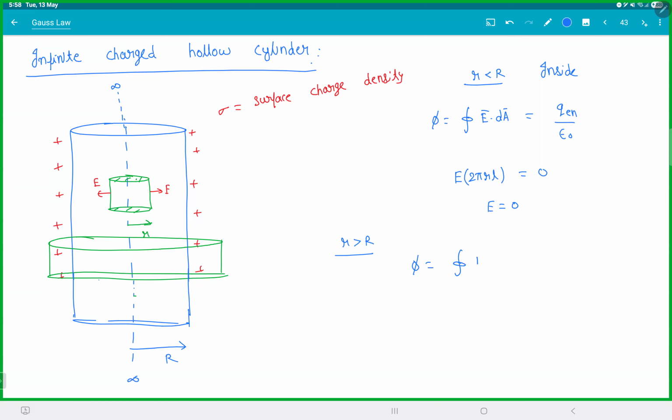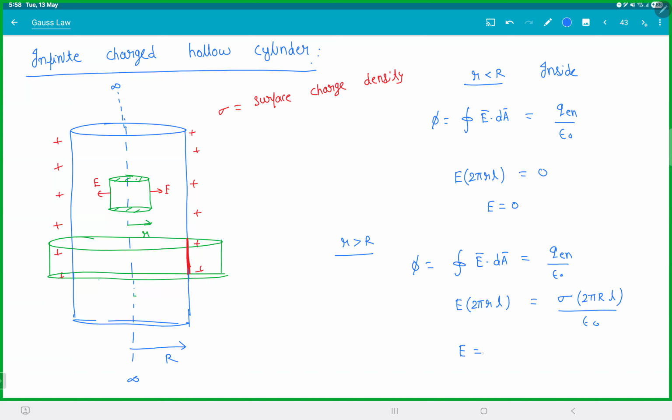Flux will be integral E dot dA equals Q enclosed by epsilon. So this will be E into 2 pi rL. How much charge is inside? All this charge here on this cylinder of radius R is stuck inside, isn't it? And how much is that? That will be sigma into surface area. Sigma into area will be 2 pi capital R into L. Is that understood, everyone? Whatever charge is there on that cylinder of radius R, that is the charge enclosed inside.